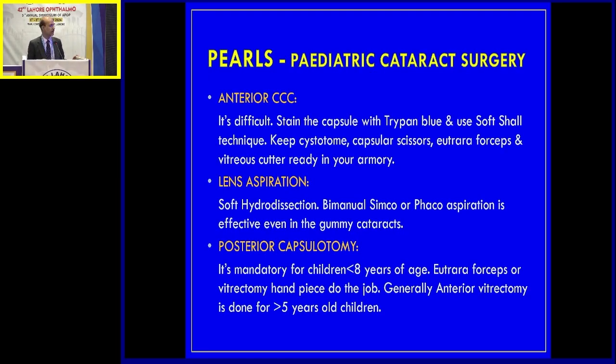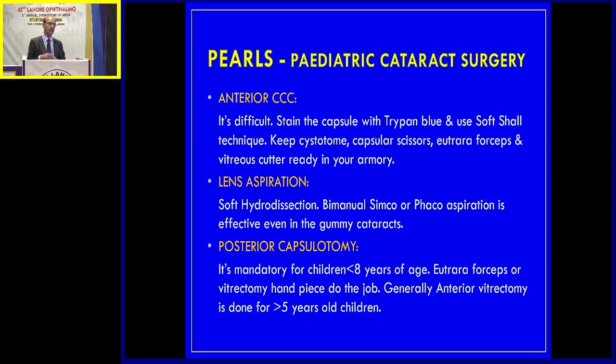Once we have done the incision and entered the anterior chamber, after staining the capsule, next is the CCC, capsule rhexis. Always stain with trypan blue in pediatric cataract, and we should use the soft shell technique. I think everybody is aware of what the soft shell technique is.